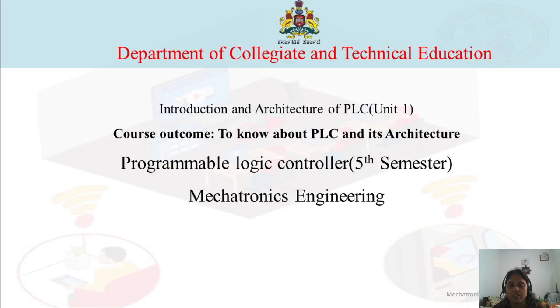And then based on application ranges, that is, based on how many inputs and outputs we are using for our applications, we have different types of PLCs: Pico or nano PLCs, micro PLCs, small PLCs, medium PLCs, large PLCs and very large PLCs.